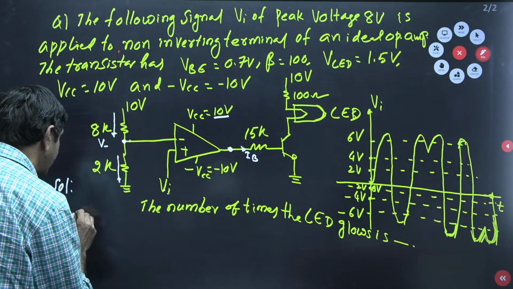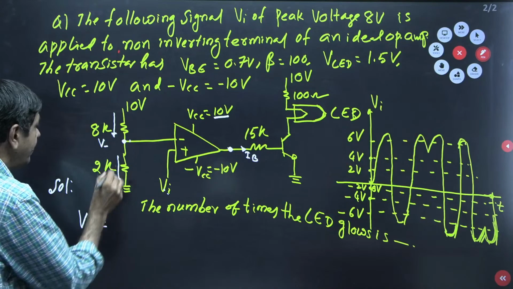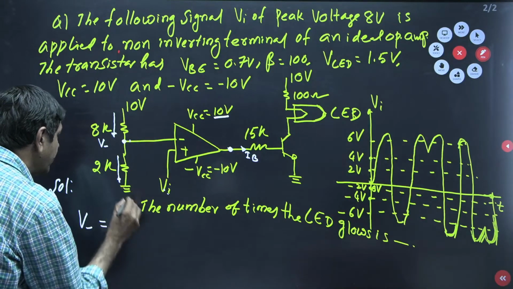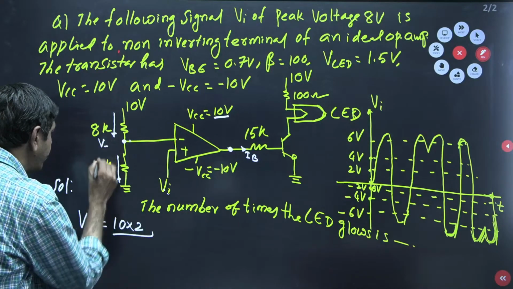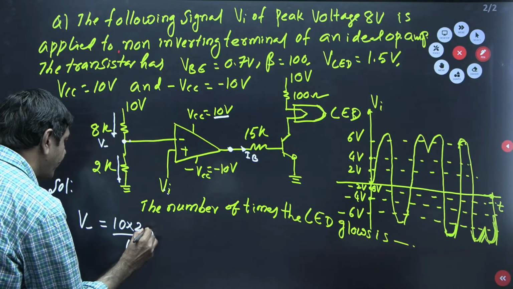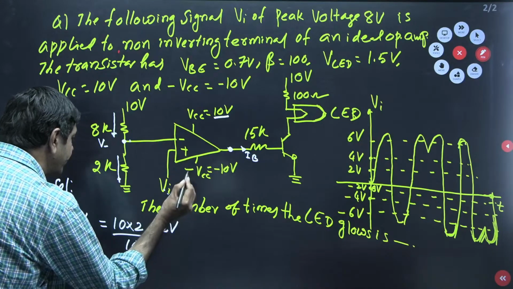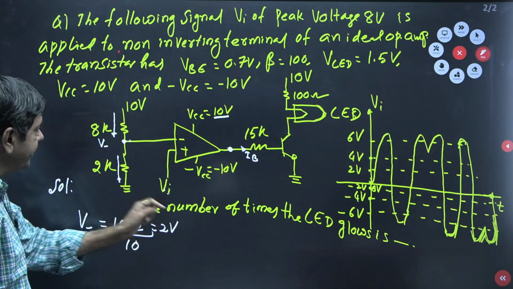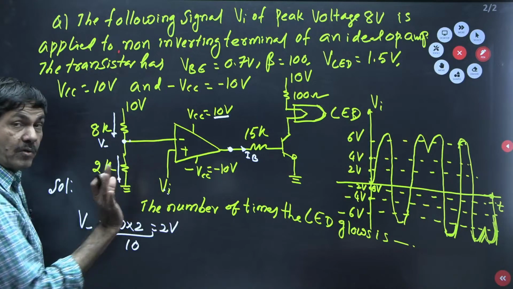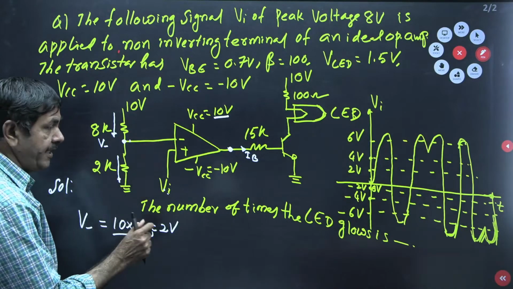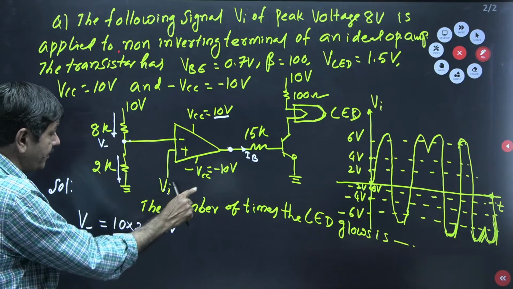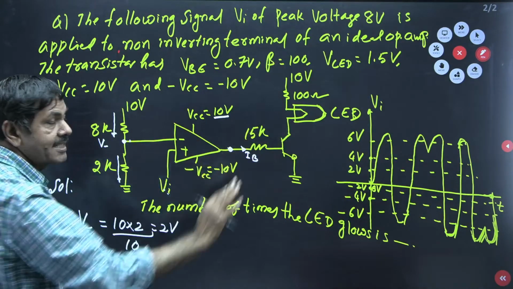V minus equals, according to the voltage divider formula, 10 into 2K by 8 plus 2, that is 10K. Finally I am getting 2 volts only. Now try to catch my point. If Vi is greater than V minus, which is 2 volts, the transistor is on.